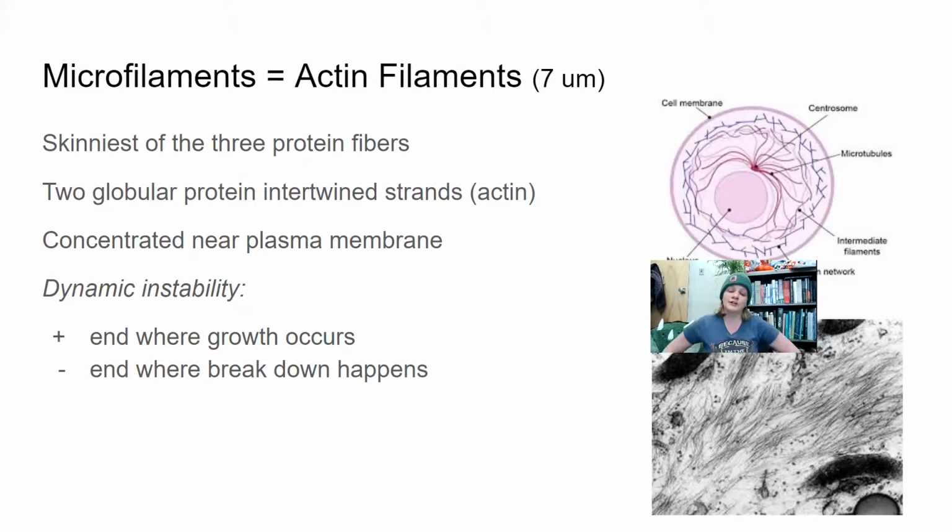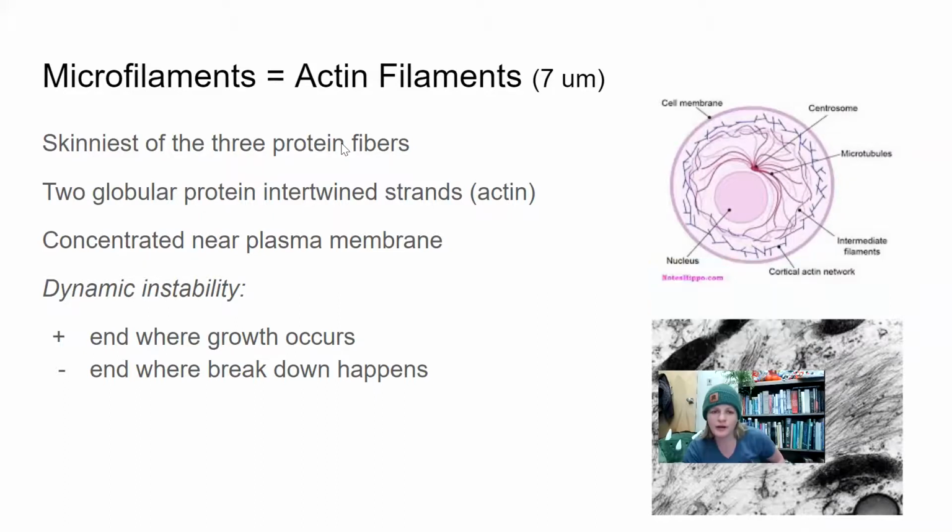We see these concentrated near the plasma membrane. And if we look at this diagram that I threw in here, this little bluey purple thing near the outside of the cell, those are the microfilaments, which are also called the actin filaments. Actin is the protein that makes these up.